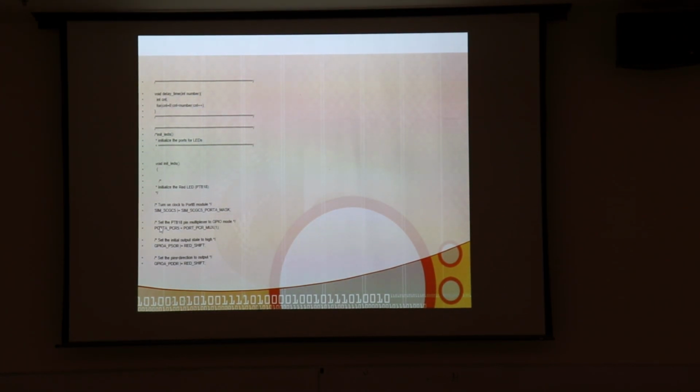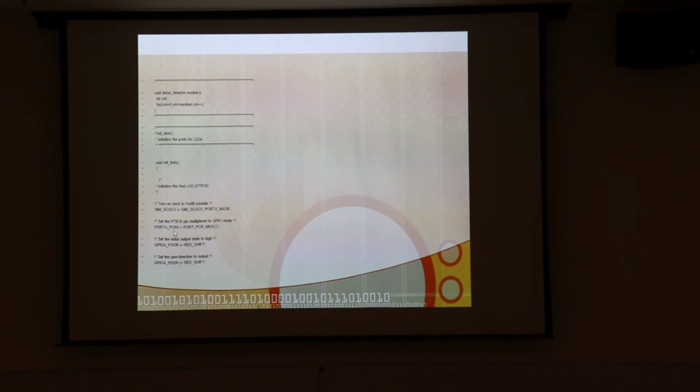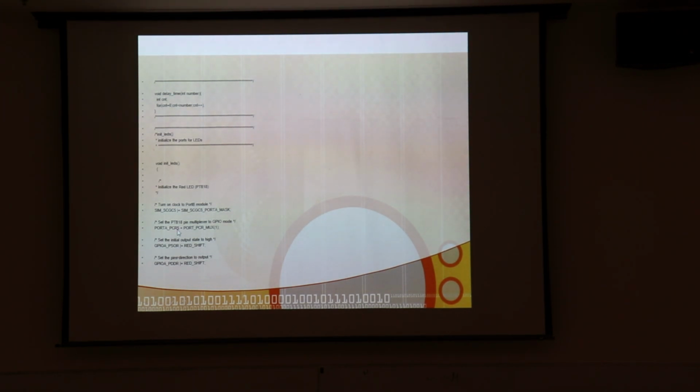Anyway, so in your code you'd have to put in port A underscore PCR 18, and then you'd also do port A underscore PCR 19, and then port D underscore PCR 1, because your RGB LED lights are on B18, B19, and D1. And then out here you would have PORT_PCR_MUX(1).